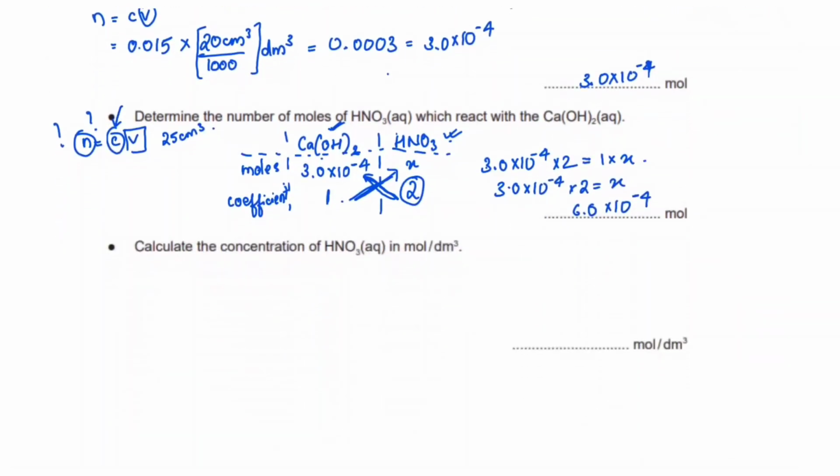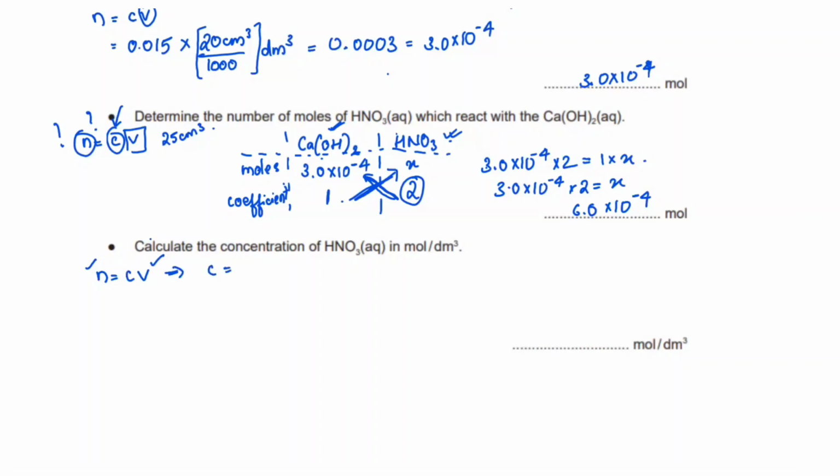Now, to calculate the concentration in moles per decimeter cube, we use the formula that we already studied, which is N is equal to C into V. Because HNO3 is a liquid and we know the number of moles and volume, it will be very easy to find concentration by rearranging the equation.